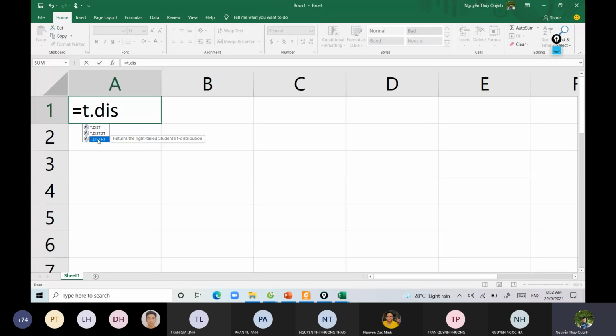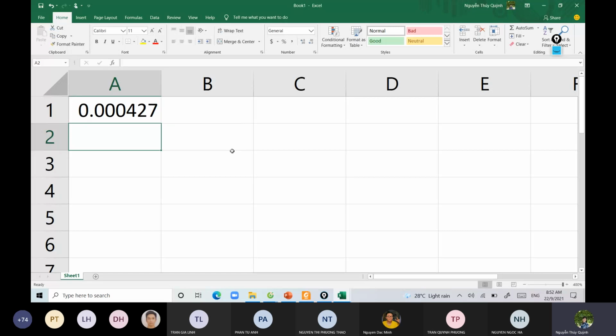You provide the observed value of T, which is 3.75, and the degrees of freedom, which is 27. Then enter. This is the p-value associated with our observed value of T for a right-sided test. So what is the level of significance for that test?